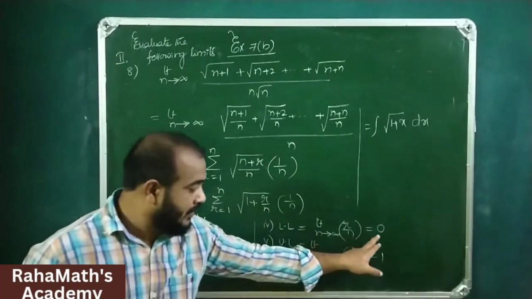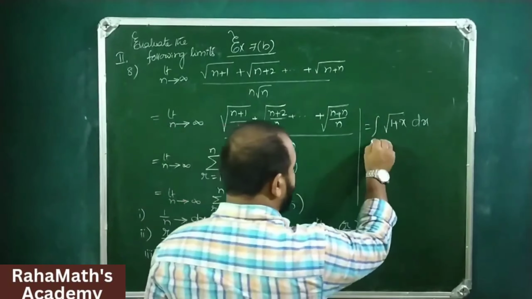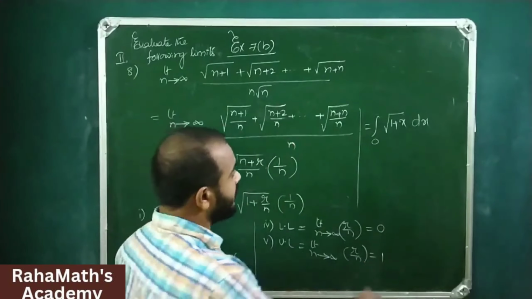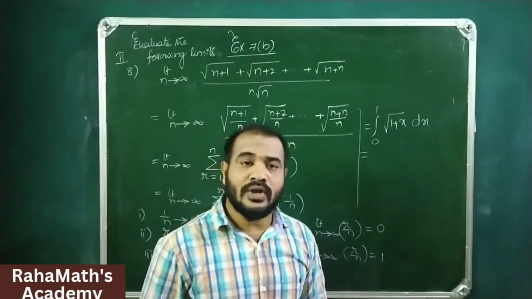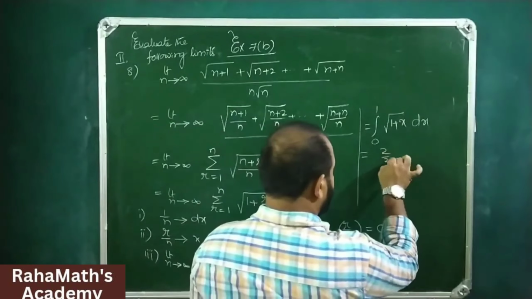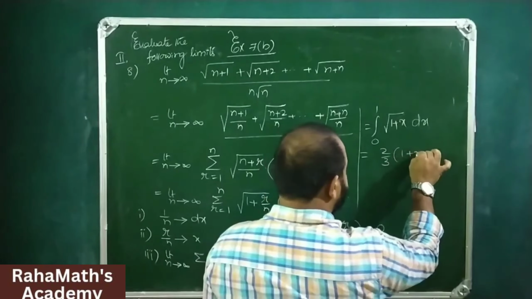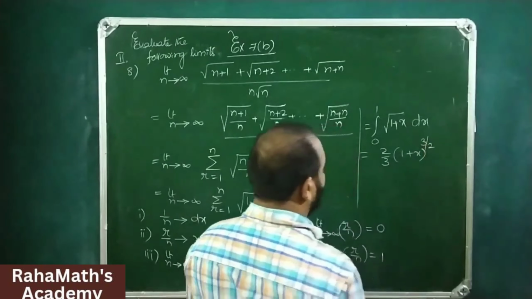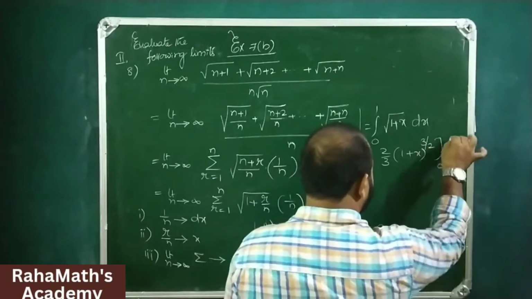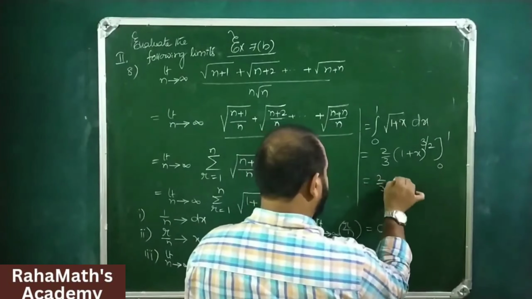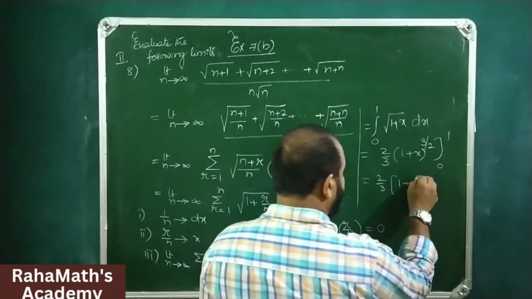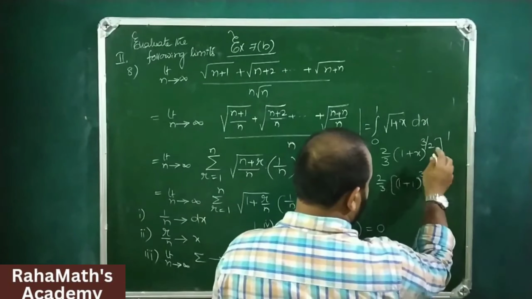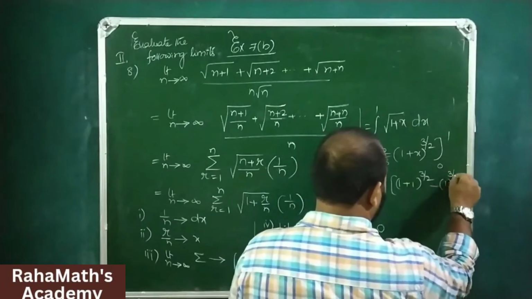The lower limit is 0 and the upper limit is 1. So we know how to solve this problem. Integral root x is 2 by 3, x power 3 by 2. So 1 plus x whole power 3 by 2. Since the process is over, 0 to 1 is to be written here. So 2 by 3, 1 plus 1 whole power 3 by 2, in the place of x, upper limit, minus 1 plus 0, so that is 1 whole power 3 by 2.